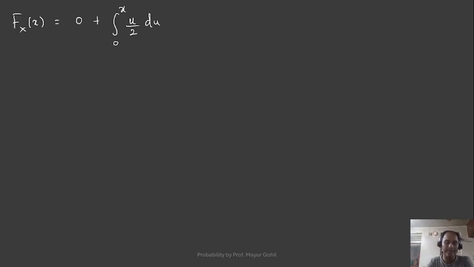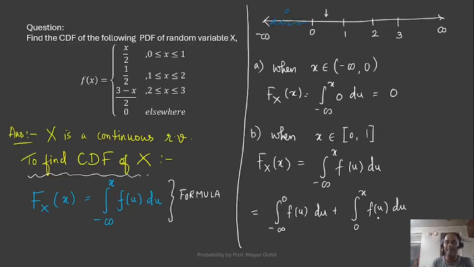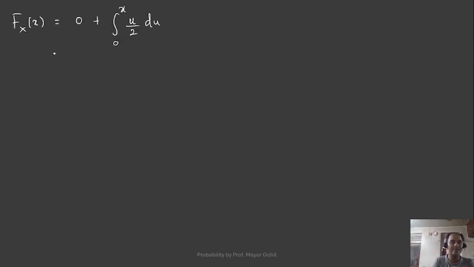Because I have written the function as a variable u, so you need to use that variable. Let us integrate this. When we integrate, you get u square by 4, from 0 to x.